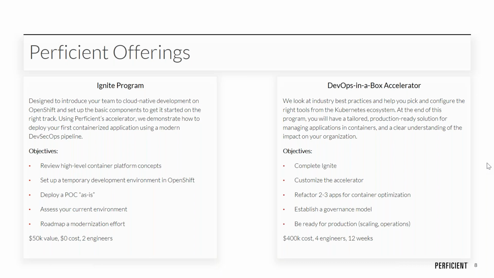Then we take a few apps and migrate them all the way to production, and make sure the process is established so you can hit the ground running and start moving applications in bulk after that. So again, a 12-week program, with a few engineers with different profiles, from DevOps to app dev, going more in depth in the migration process.